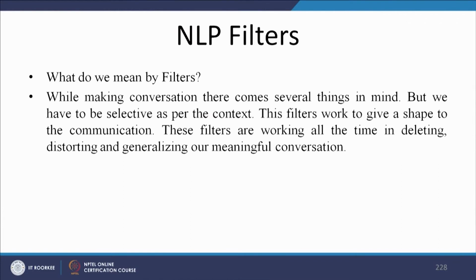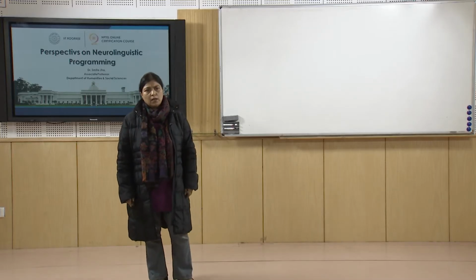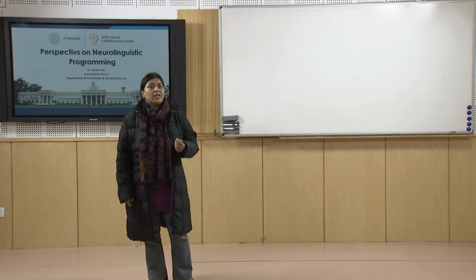And these filters are working all the time in deleting, distorting, and generalizing our meaningful conversation. So, friends, deleting, distorting, and generalizing are the three important steps when we talk of NLP filters. And when we talk of shaping our thought and our conversation, that can be called effective conversation.